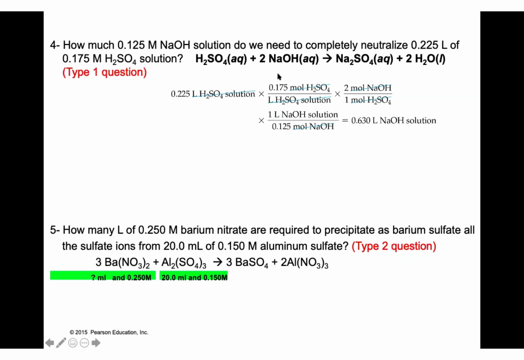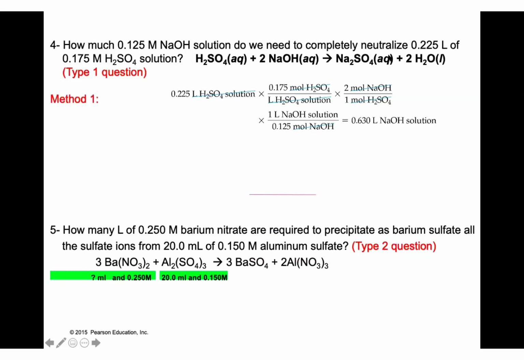I convert it to mole. I use the coefficient to convert to mole, and then I use the second molarity and I expand it to find the liter of the solution. That's a type 1 question, guys. So there is another way, guys, to do that.